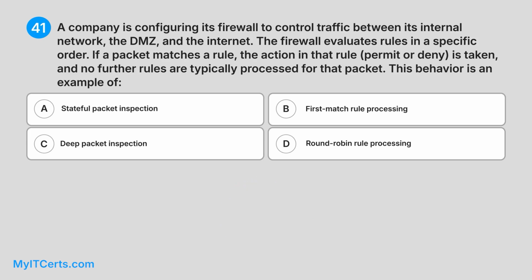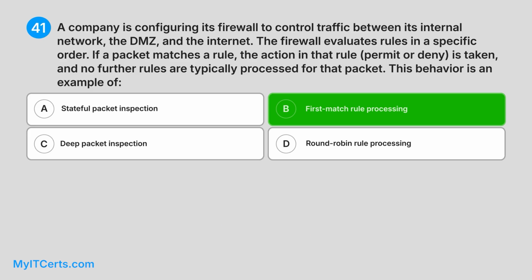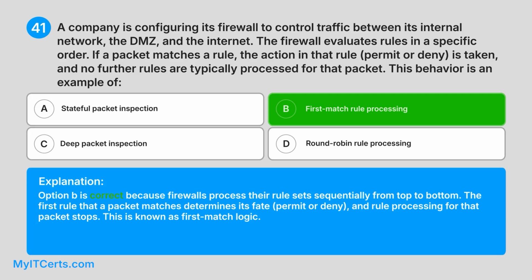Correct answer, B. First match rule processing. Explanation. Option B is correct because firewalls process their rule sets sequentially from top to bottom. The first rule that a packet matches determines its fate, permit or deny, and rule processing for that packet stops. This is known as first match logic.